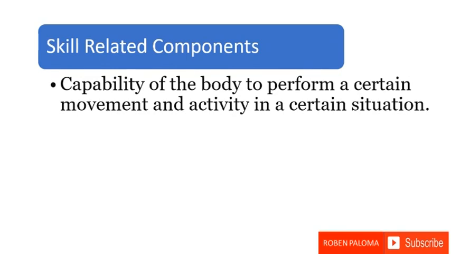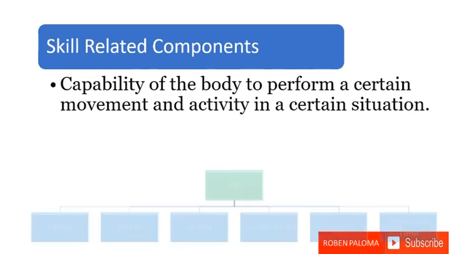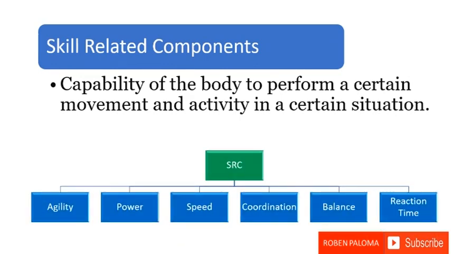Skill-related components belong to the capability of the whole body as an individual. They also involve movements that we use for our daily activities. Skill-related components are divided into six parts: agility, power, speed, coordination, balance, and reaction time.